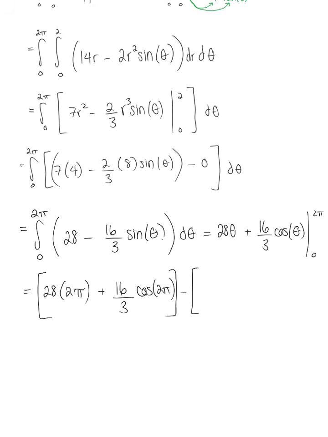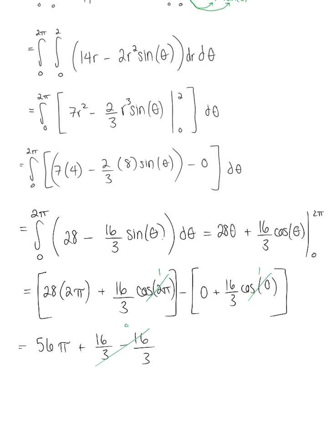And then we're subtracting when we substitute 0 in. 28 times 0 just disappears. Plus 16/3 cosine of 0. And so we know that cosine of 2 pi goes to 1. Cosine of 0 goes to 1. Leaving us with 56 pi plus 16/3 minus 16/3. So those two last terms cancel each other out, leaving us with a beautiful final answer of 56 pi.